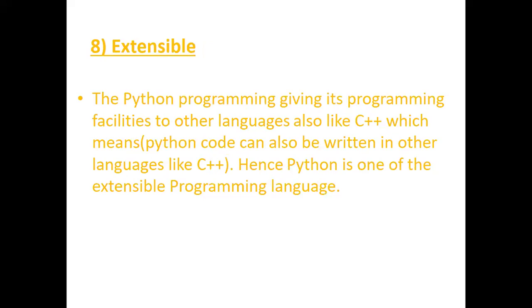Extensible programming language. Now, Python gives its programming facilities to other languages also. It means Python code can be written in C++, Java-based applications. That is the only reason it is known to be an extensible programming language, because it gives its facilities to other languages also.